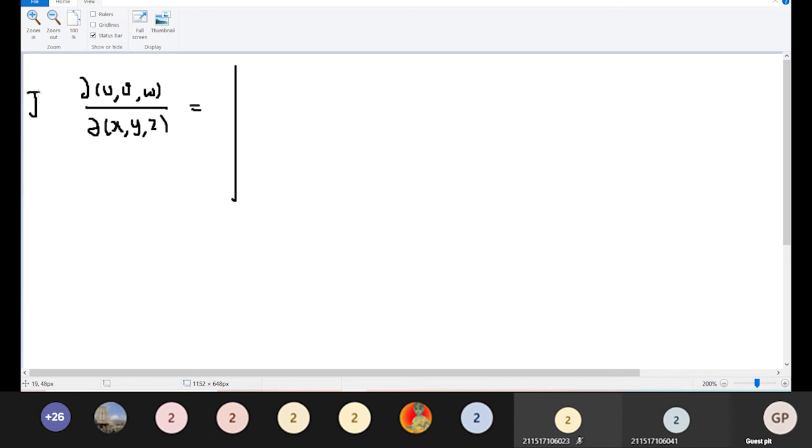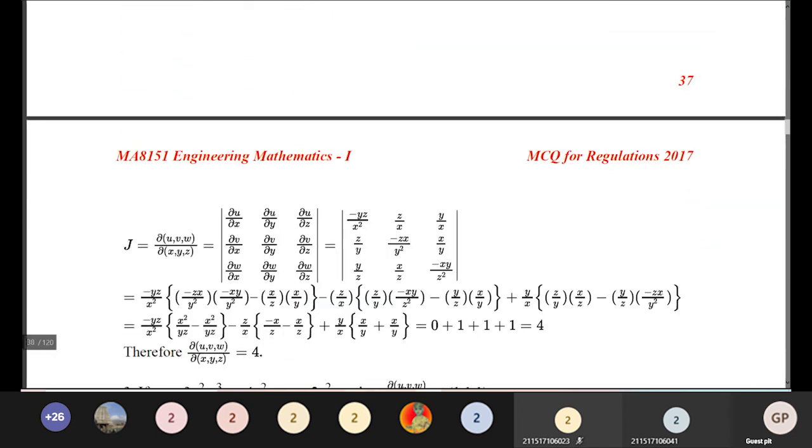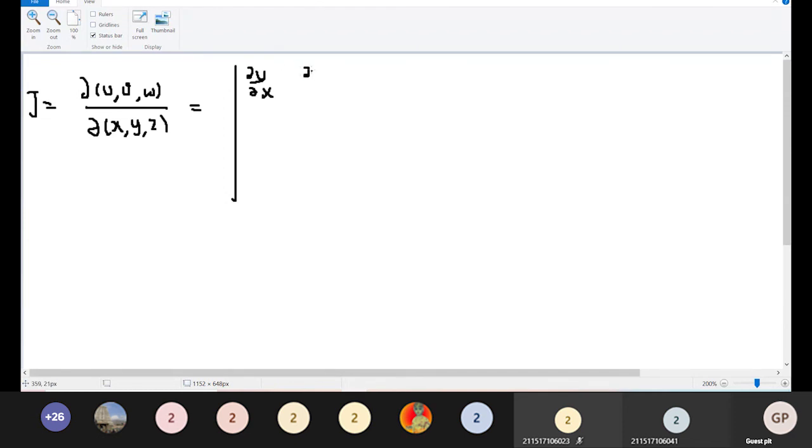Simply this is denoted by J. So dou u by dou x, the first row for u, second row for v, third row for w.